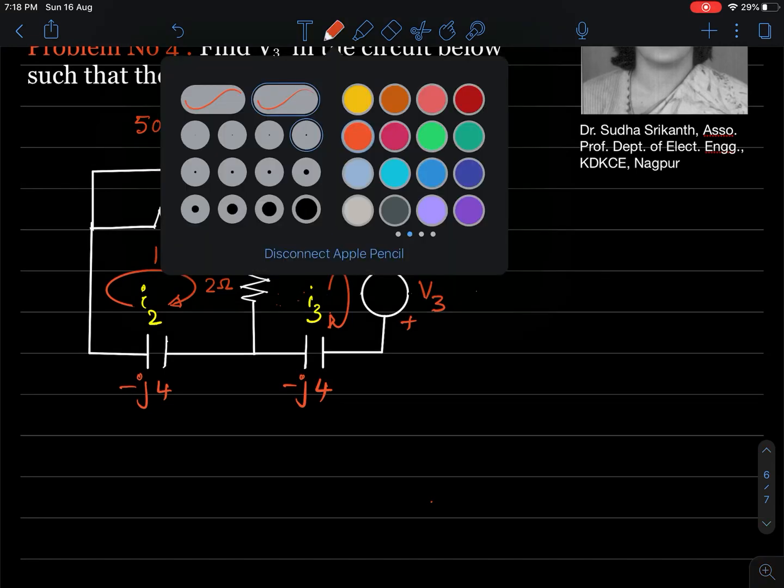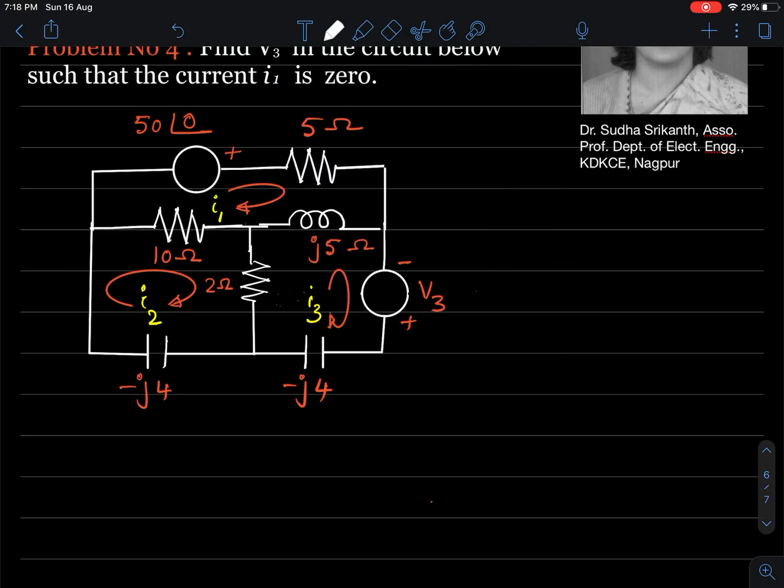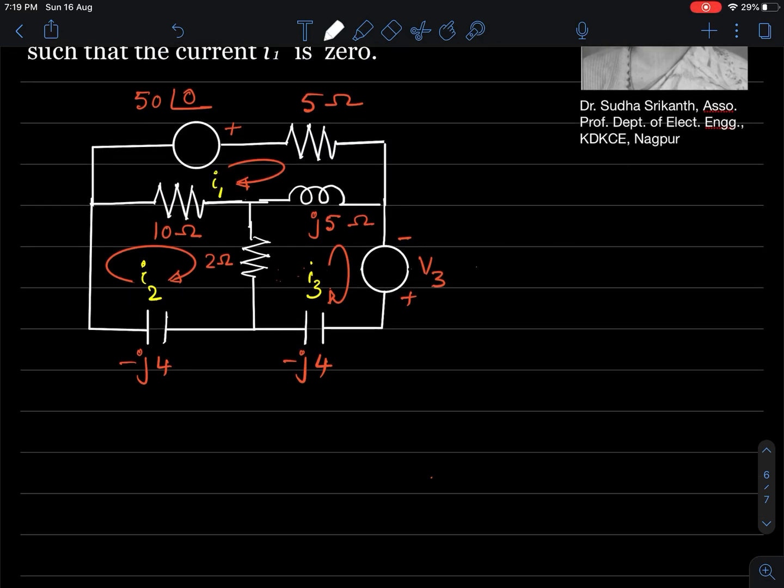Alright, so let's go ahead. My impedance matrix, if I recall, will be like this. This matrix is Z11, Z12, Z13, there are 3 meshes. Then Z21, Z22, Z23, Z31, Z32, Z33. This is what we call the impedance matrix.